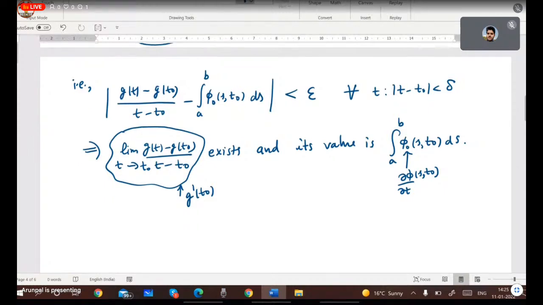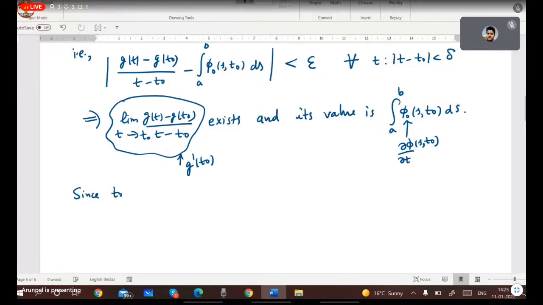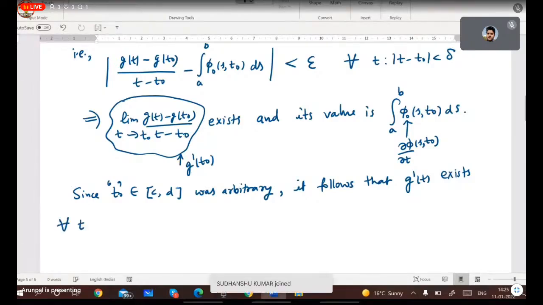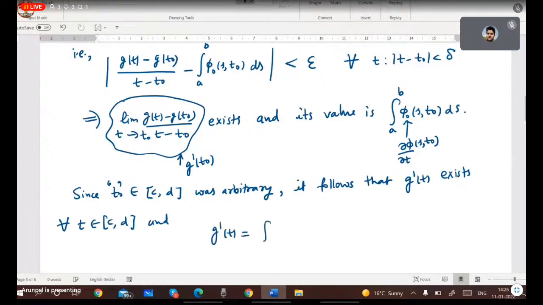And since t naught in the interval c, d was arbitrary, it follows that g dash t exists for all t in closed interval c comma d, and moreover, g dash t is equal to integral a to b of del phi upon del t (s, t) ds for all t in closed interval c comma d.